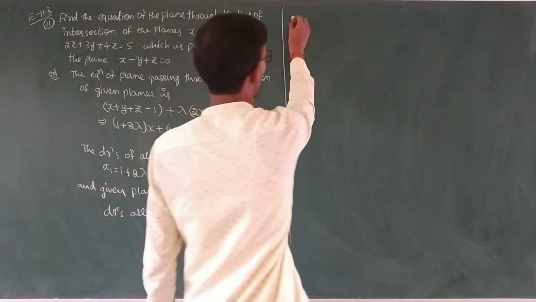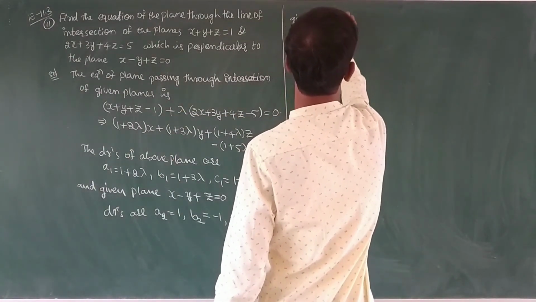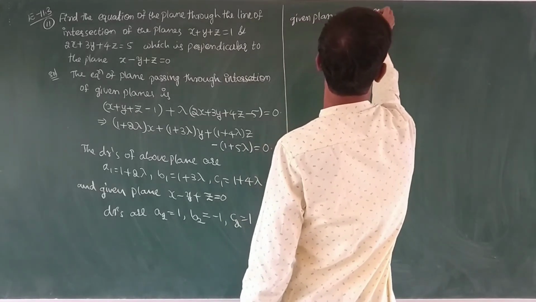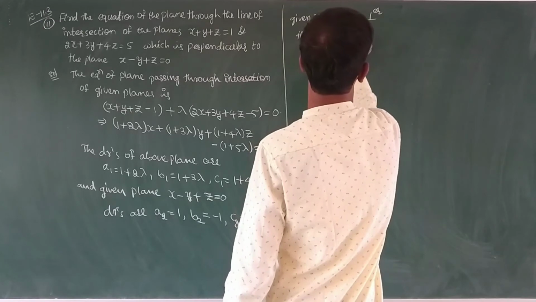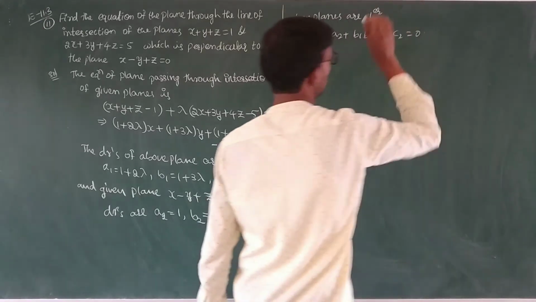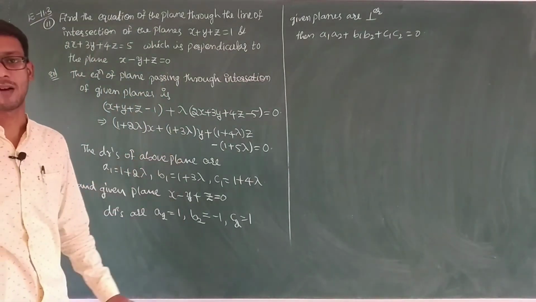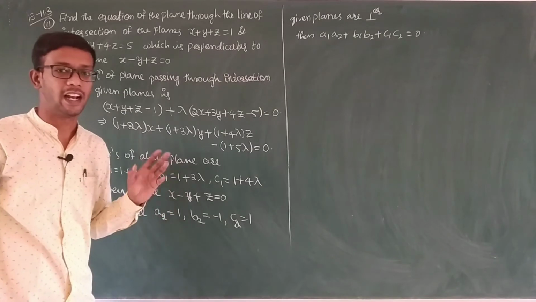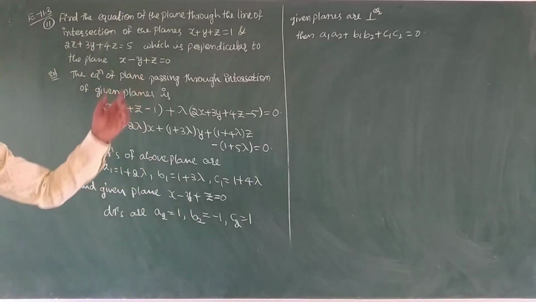The given planes are perpendicular, so we have the condition a1 a2 plus b1 b2 plus c1 c2 is equal to 0. Perpendicular is defined by this condition: the dot product of the direction ratios, the sum, is 0.